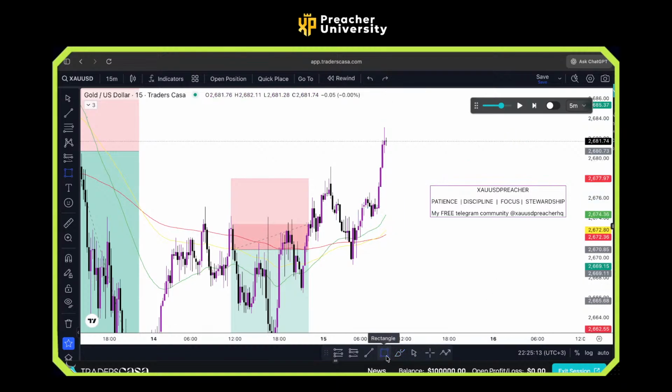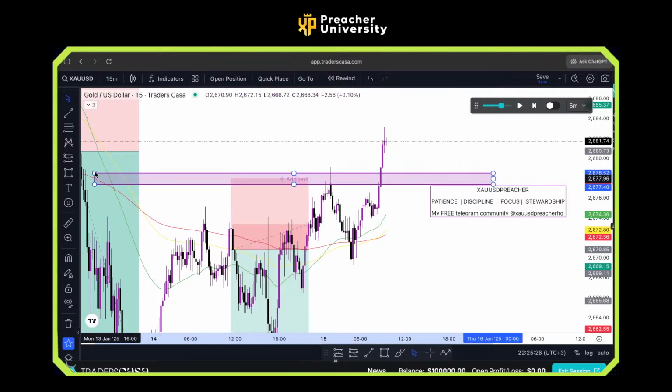So what do I want to do right now? Since I'm bullish, I'm going to look for my support zones. What are my support zones? I can see that this was a resistance that was broken, and now this resistance has become support. That's my first support. What is my second support?